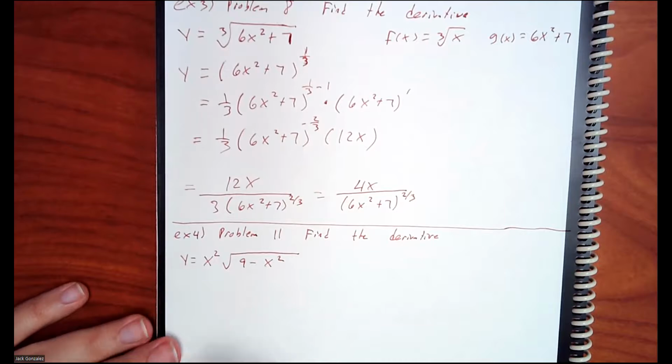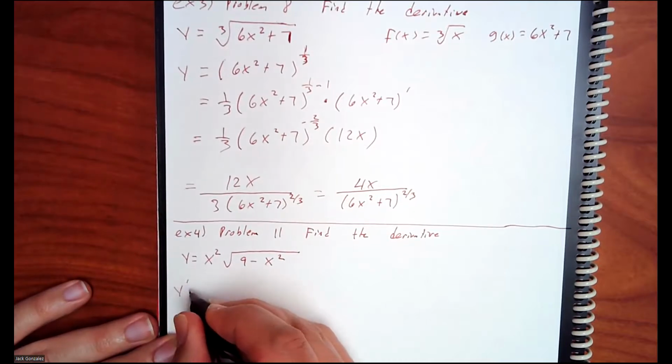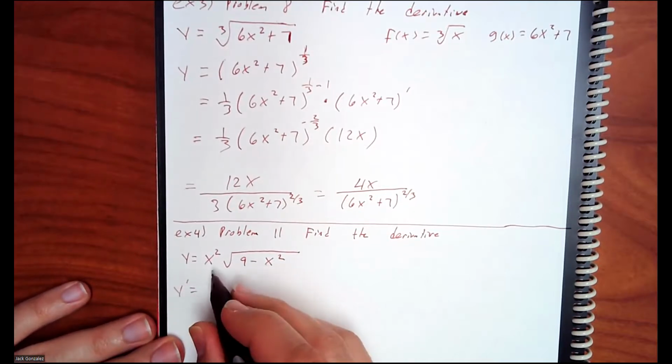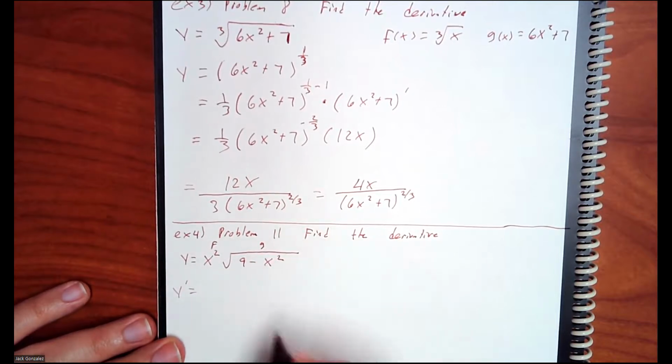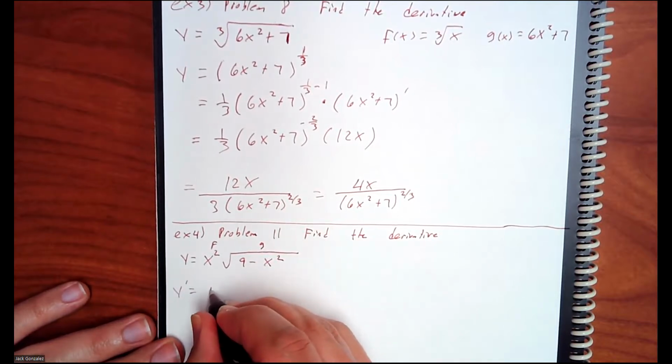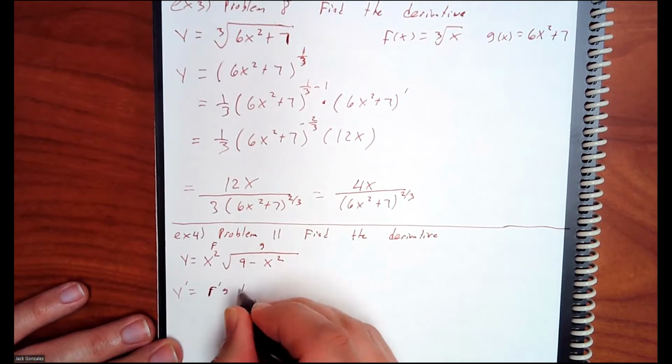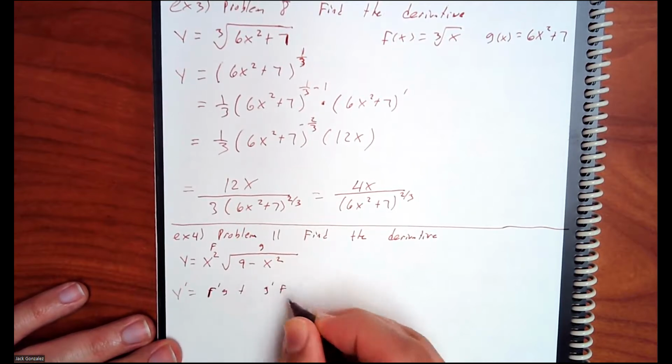So y prime is a product rule. I'm going to call this f and my g. So the formula is f prime g plus g prime f, right?